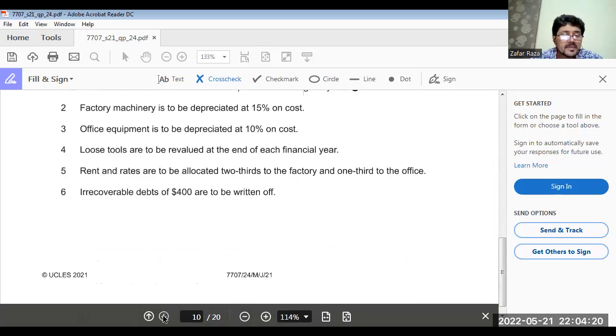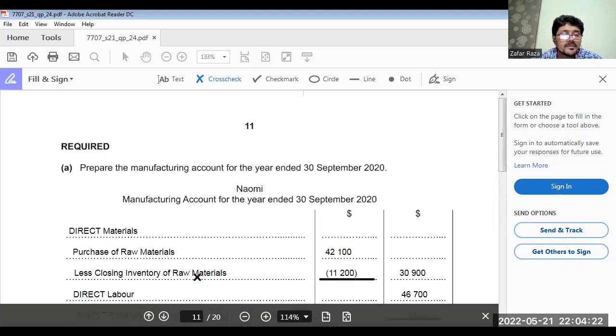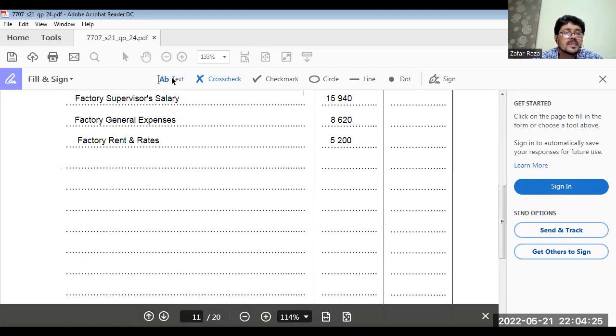Okay, so here we go. We will write depreciation and make it a heading. The first item was factory machinery, 12,000.